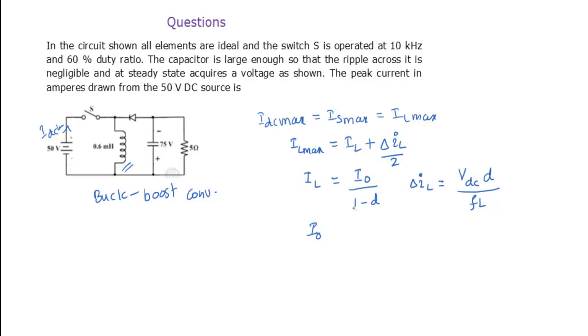IL is I0 by 1 minus D. But how to calculate I0? I0 is nothing but V0 by R. So how to calculate V0? In a buck boost converter, V0 is D by 1 minus D into VDC. But remember, we need to look at the polarity here: this must be positive, this must be negative. Otherwise a negative sign will be there. Now we got the required equations. We need to substitute the given values and get the answer.